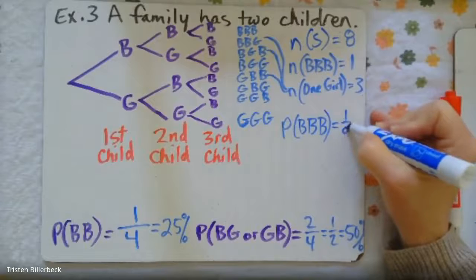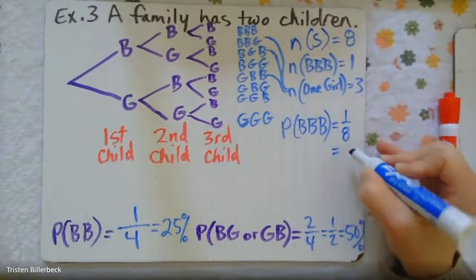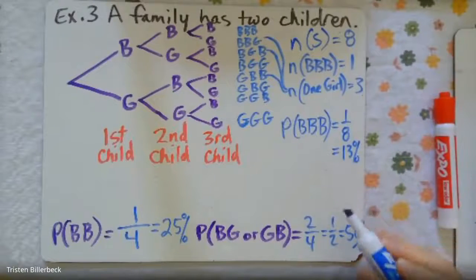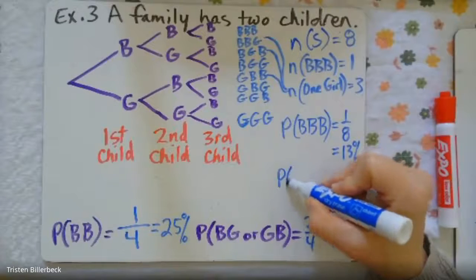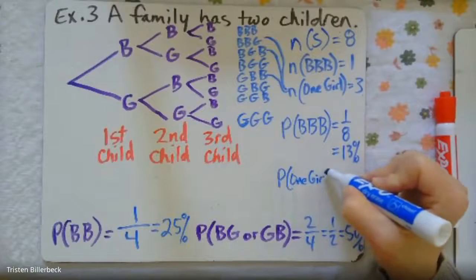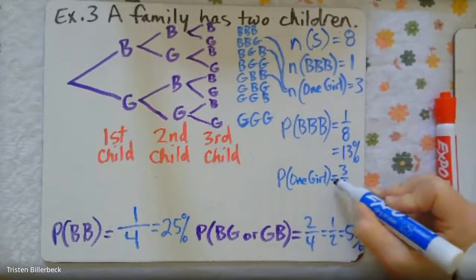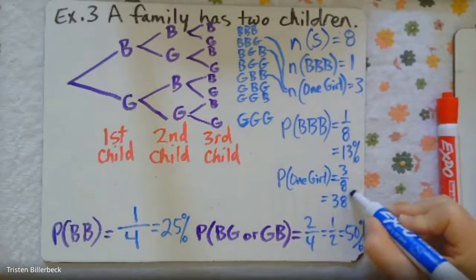It's 1 out of 8. So that's about 13% of the time. Okay, the probability of one girl is 3/8, which is about 38% of the time.